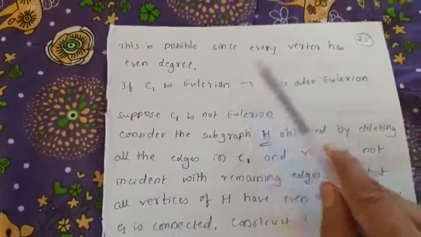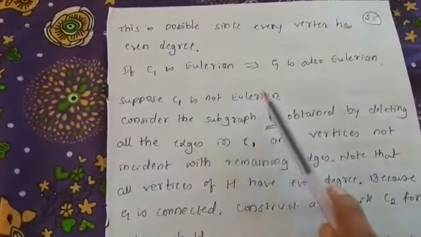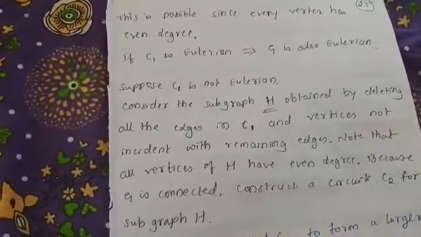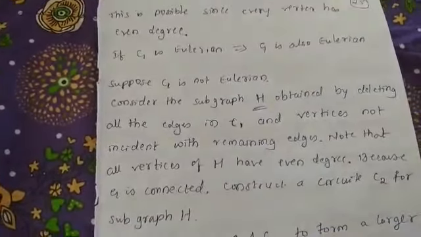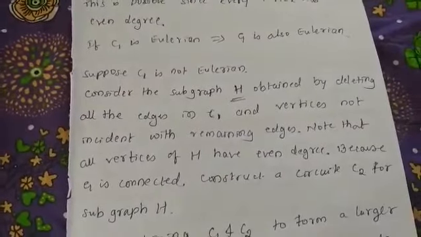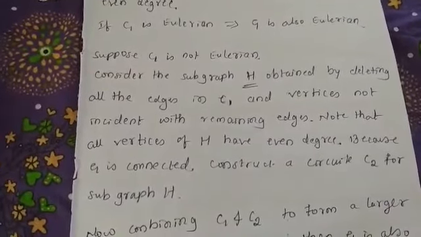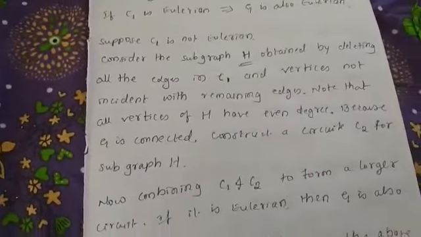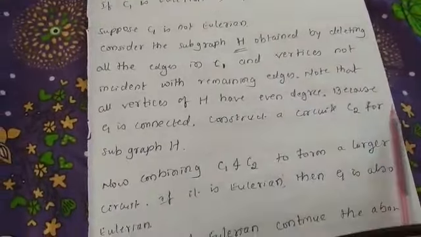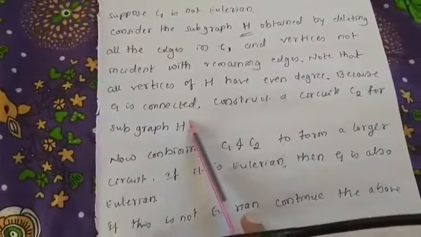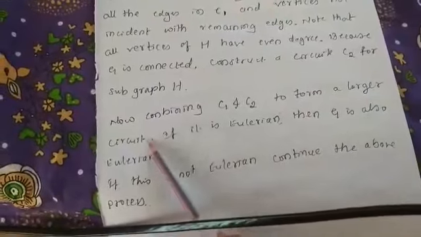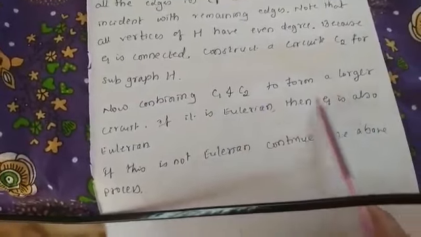So what will I assume? We will assume that C1 is not Eulerian. So we have a subgraph H consisting of the remaining edges, which are not in C1. Because G is connected, we construct one more circuit C2 in subgraph H. Now we combine C1 and C2 to form a larger circuit. If it is Eulerian, then G is also Eulerian.